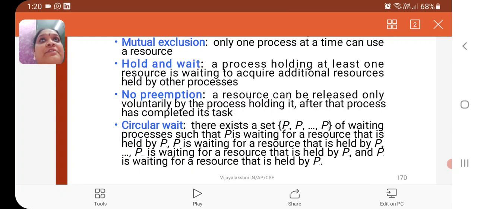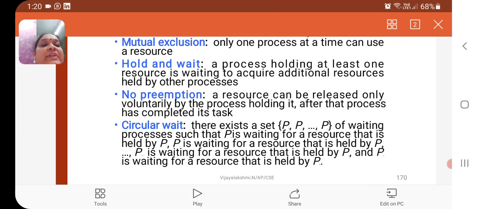And no preemption. If one process is running inside the CPU, other processes should not interrupt or signal to the CPU that it can't utilize the resource. So a resource can be released only voluntarily by the process holding it, after that process has completed its task.